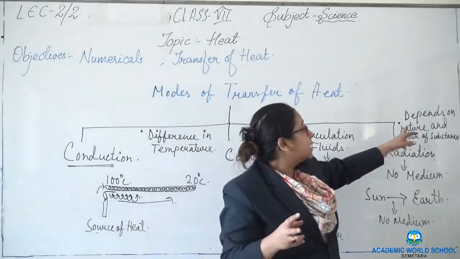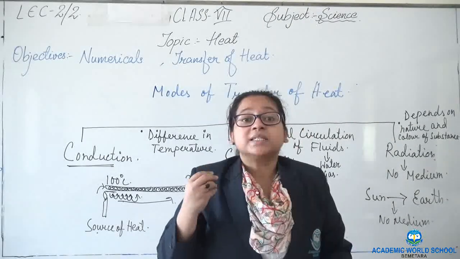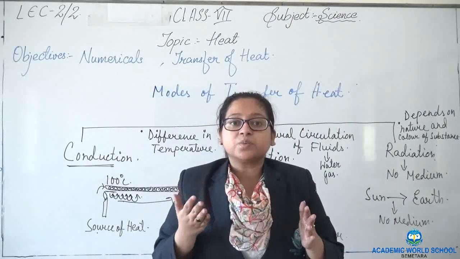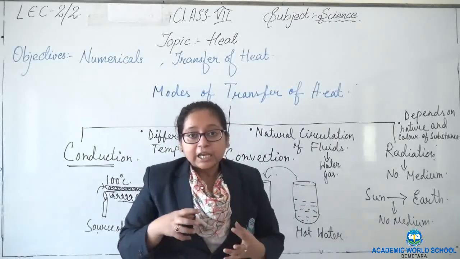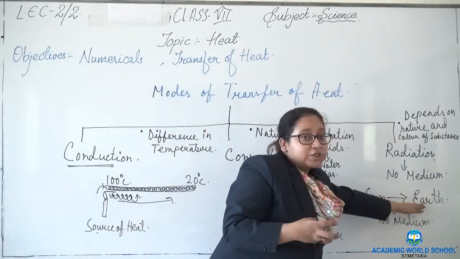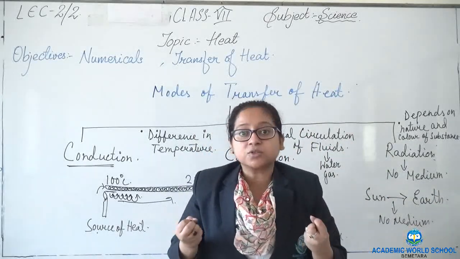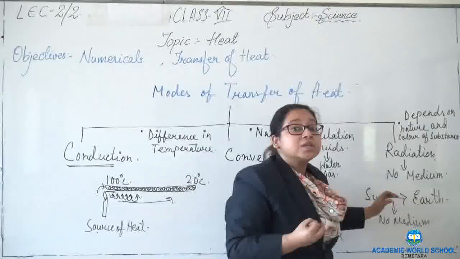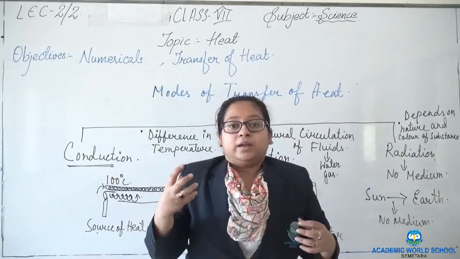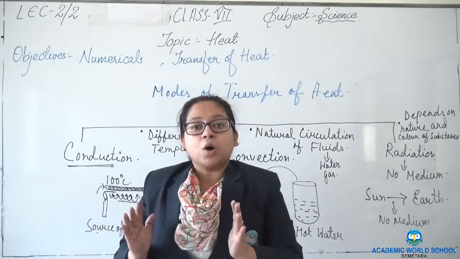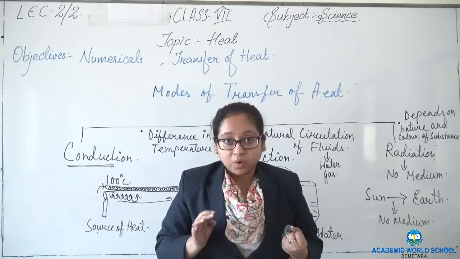Now here it depends on nature and color of the substance. Nature of the substance means whether it is rough or it is shiny and polished. The object on which the rays are coming needs to absorb the heat. Earth absorbs the heat of the sun. When the surface of the object will be rough, it will absorb more heat.